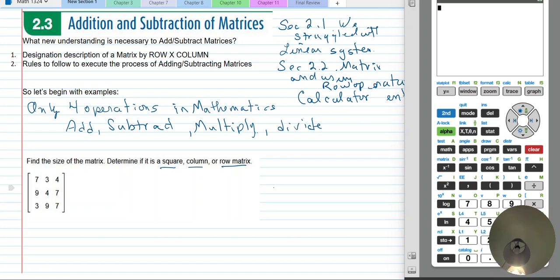So here we have 3 rows by 3 columns. Because these are the same, we have a square matrix.